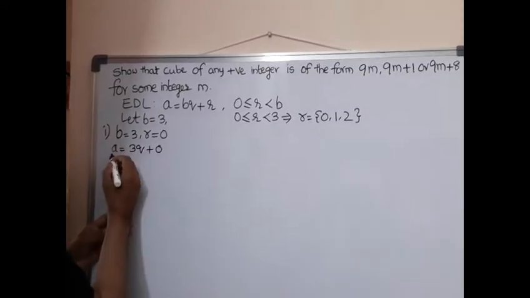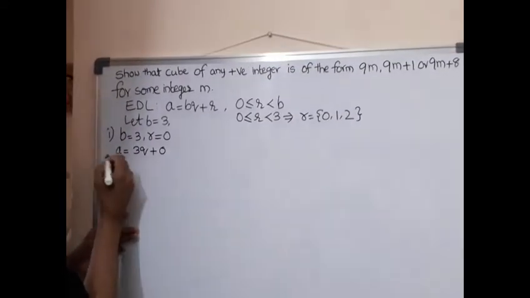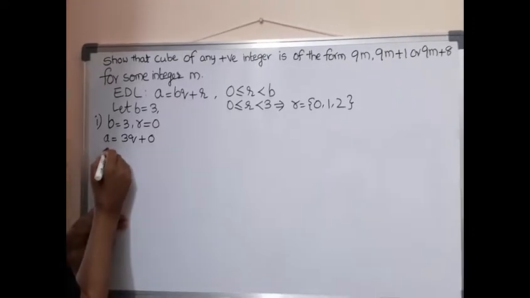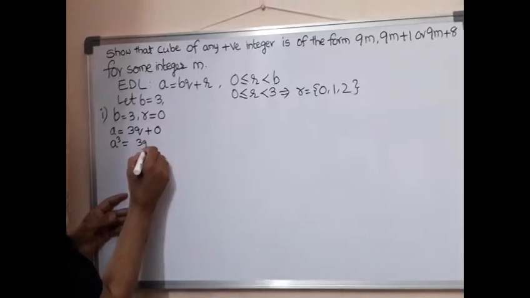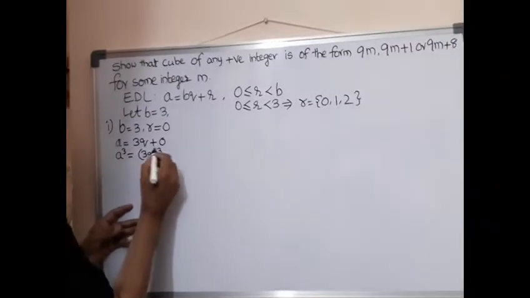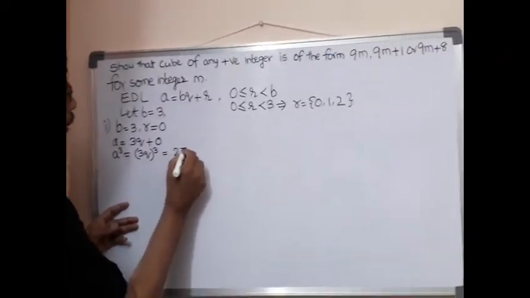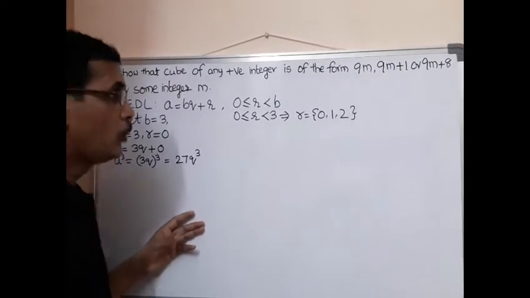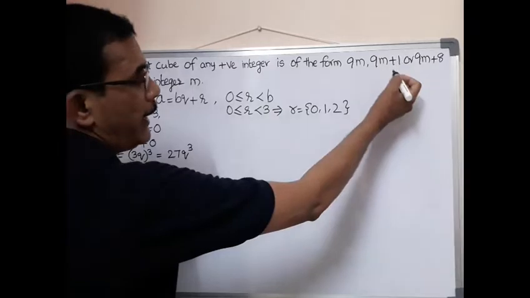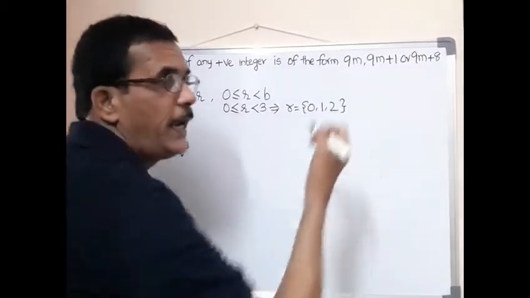So here A is a positive integer. So cube we want, so cubing on both sides. A cube is equal to 3q whole cube, which is equal to 27q cube. We have to bring it to 9m or 9n plus 1 or 9n plus 8 form.